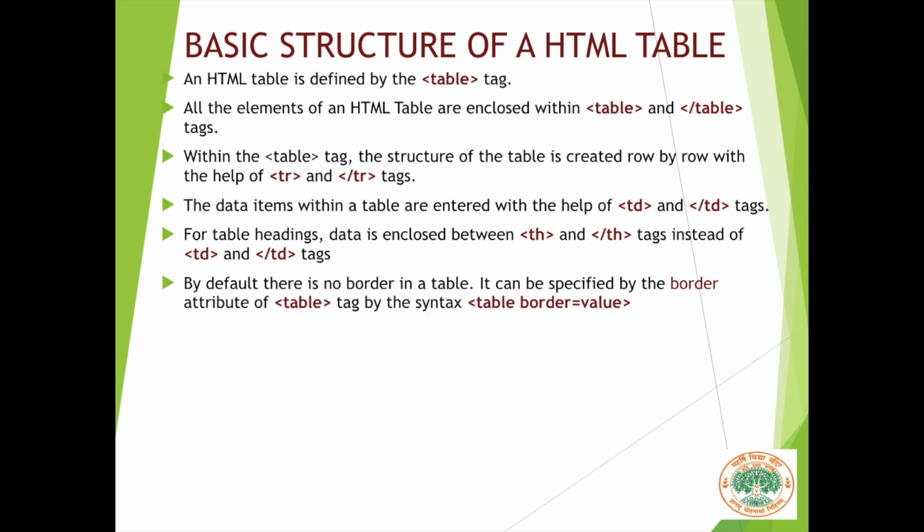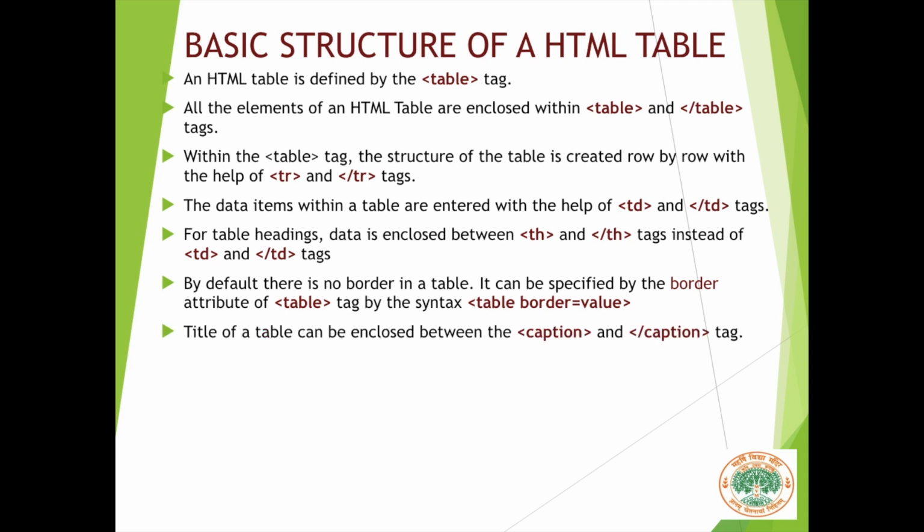By default, there is no border in a table. It can be specified by the border attribute of the table tag, with the syntax table border equals value. So when we create a table using the tags which were discussed just now, you will not get any border. But for specifying a border, we will require an attribute of the table tag which is known as the border attribute.